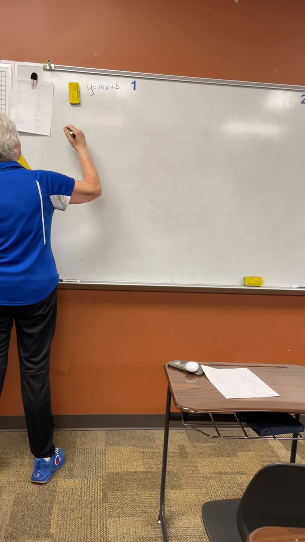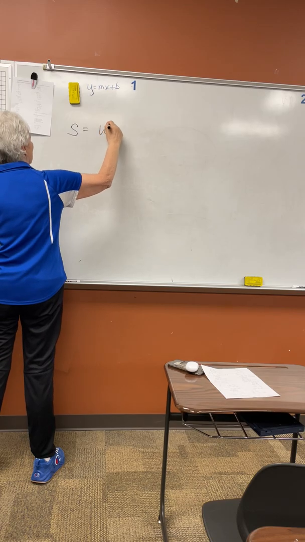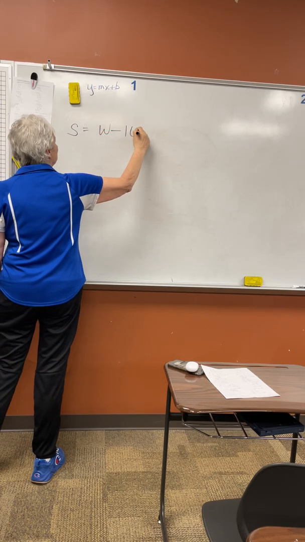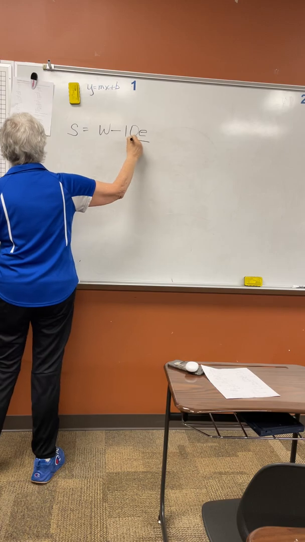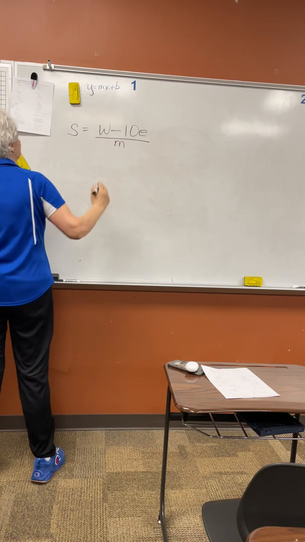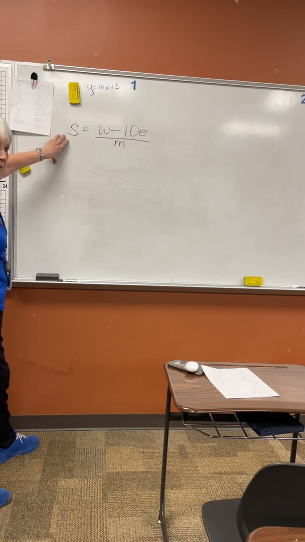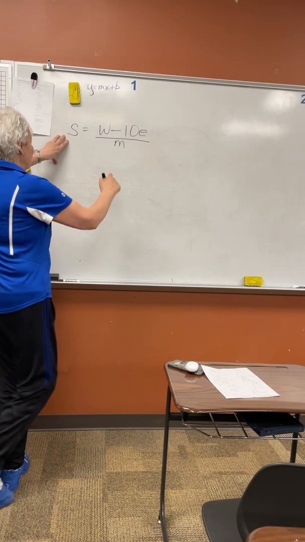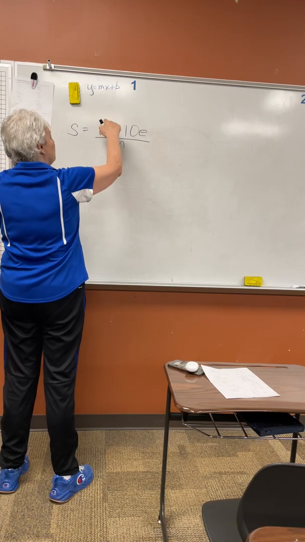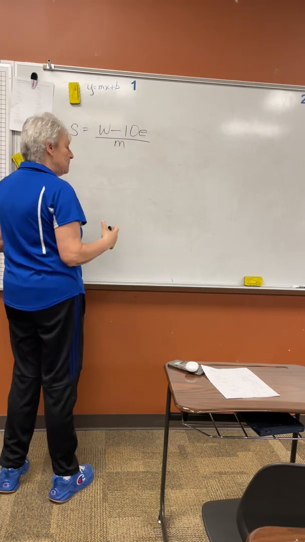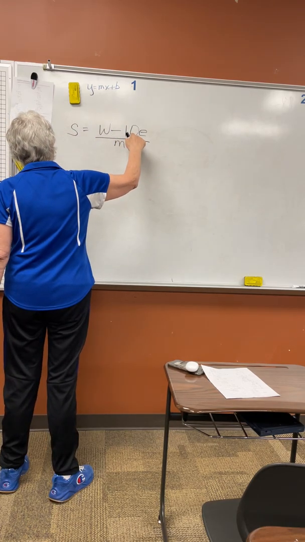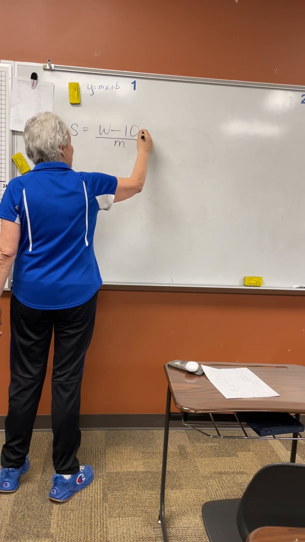Here's a really hard one. This is a real formula, by the way. This is speed of how fast you type words per minute. This W is the number of words that you typed in a certain time frame, minus 10 times how many errors you made.